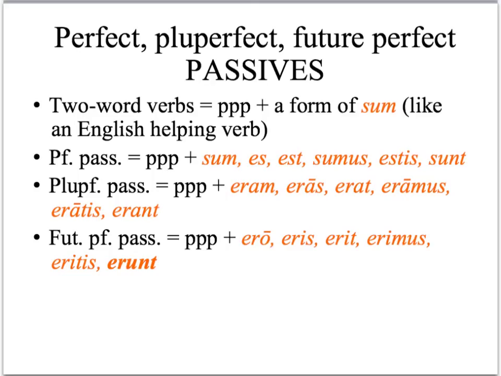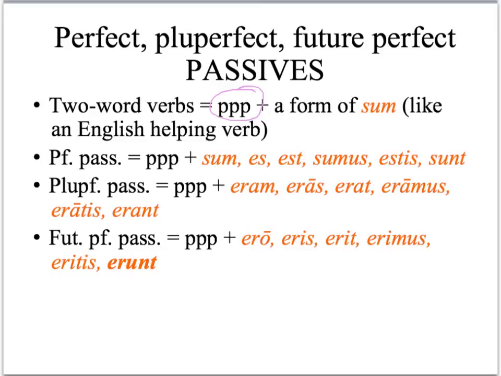In the passive, the perfect, pluperfect, and future perfect actually become two-word verbs. And the first part of the verb is the perfect passive participle, that adjective that we just looked at, plus a form of sum, which is actually now working like an English helping verb. To form the perfect passive, take the PPP plus the present of sum.